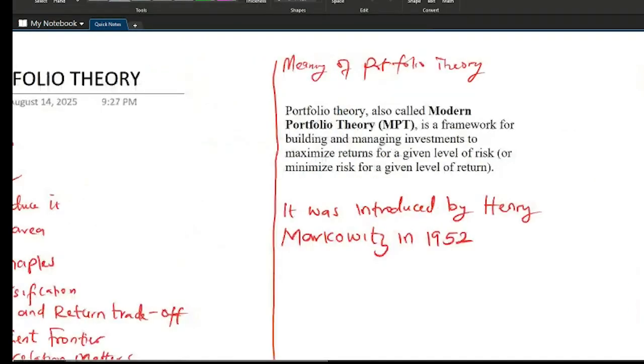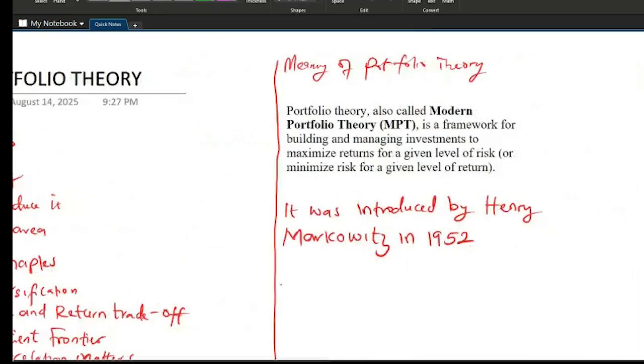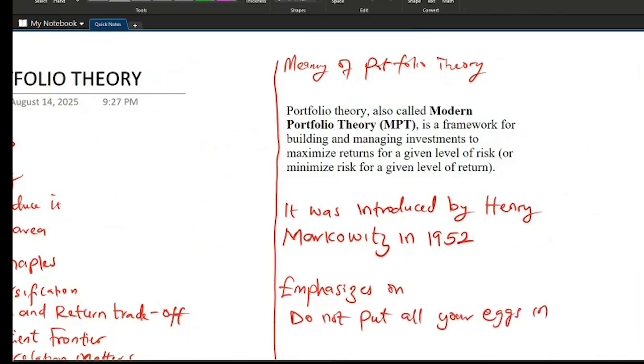So what is the core area of portfolio theory? Its core area is its emphasis: do not put all your eggs in one basket. That means you have to diversify.